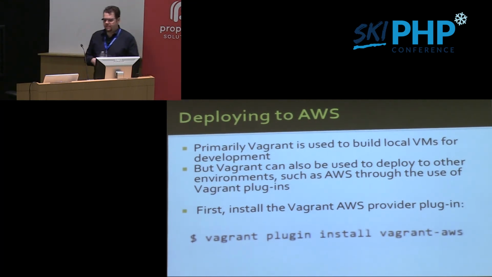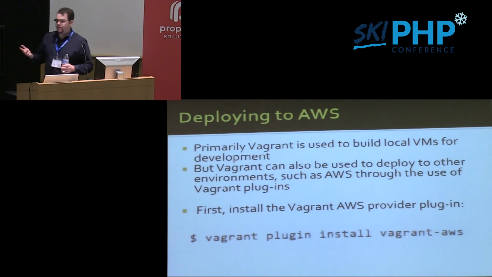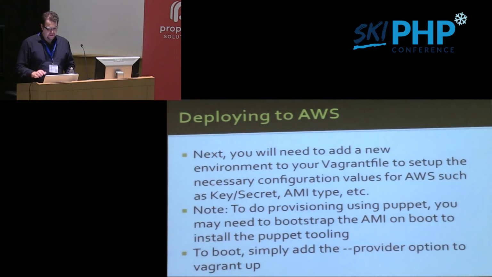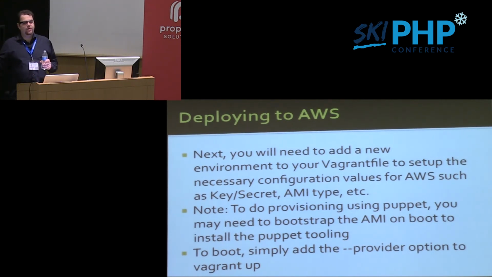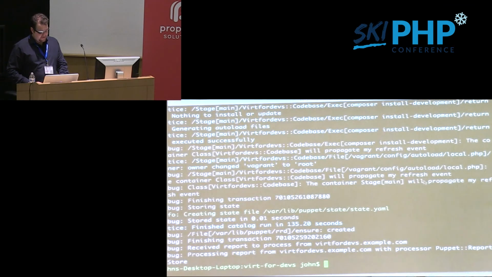So you install a plugin to Vagrant called Vagrant-AWS, and you just say Vagrant plugin install, and you're pretty much done. And then when you call Vagrant up, you have to actually specify that provider. So you say Vagrant up --provider=aws. That way it knows to use the AWS provider instead of just the native environment.